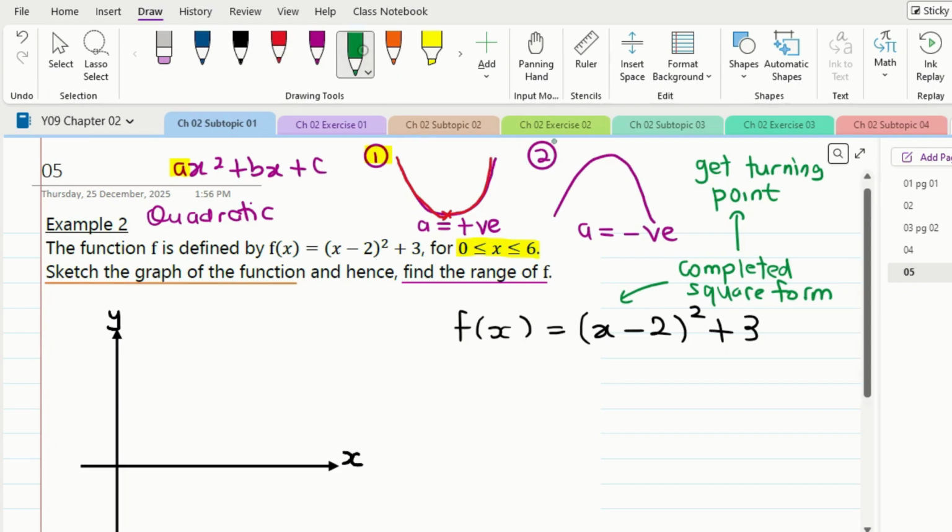Or for the second one, going uphill, and then after a certain point it will go downwards. So this specific point we call the turning point.